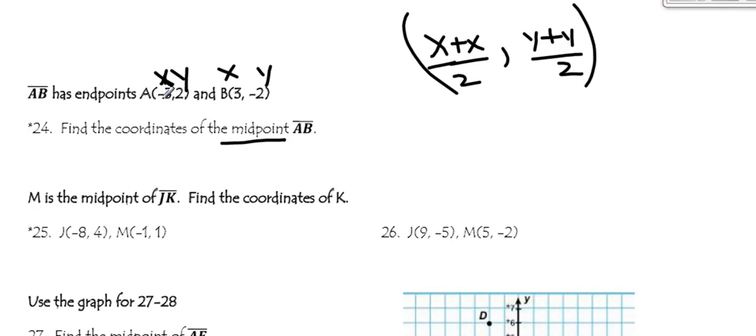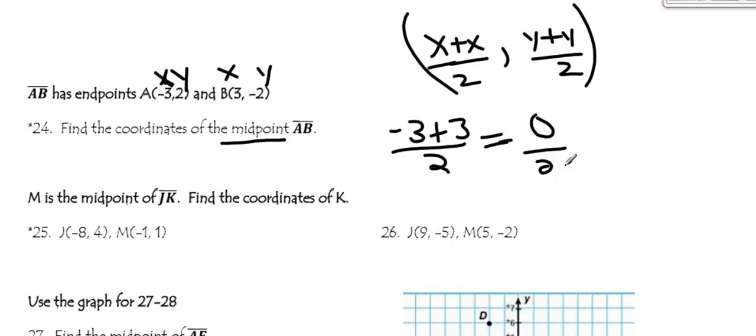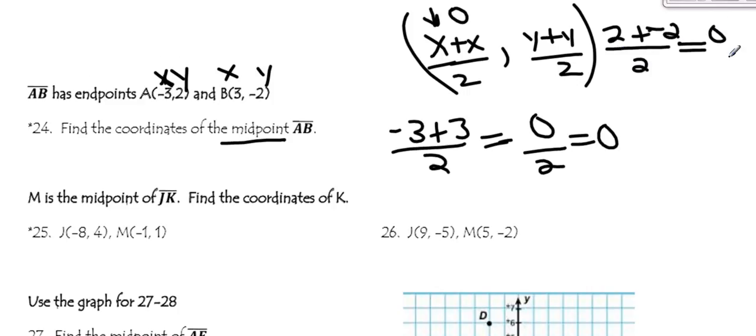The average of our x values is negative 3 plus 3 divided by 2. Negative 3 plus 3 is 0, divided by 2, which is 0. So our x coordinate for our midpoint is 0. Then the average of our y values, 2 plus a negative 2 over 2, is 0 over 2, which is 0. So that's our y coordinate, 0. The midpoint is 0, 0.